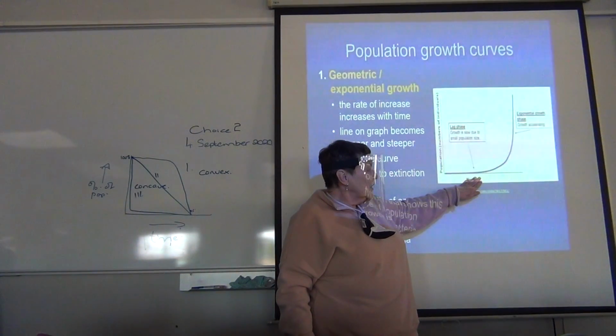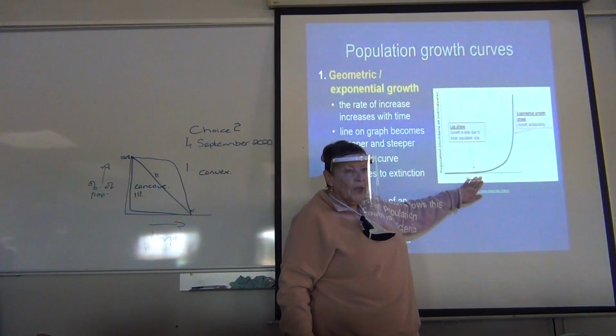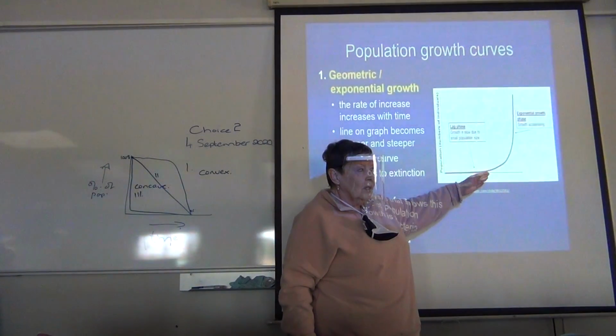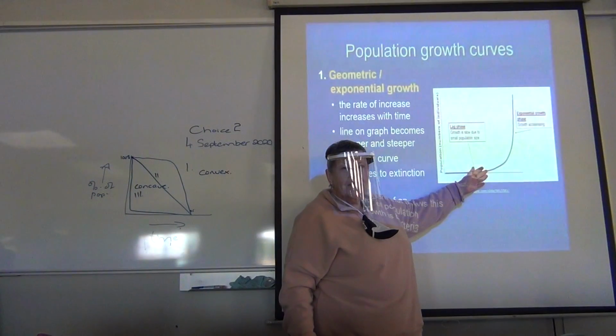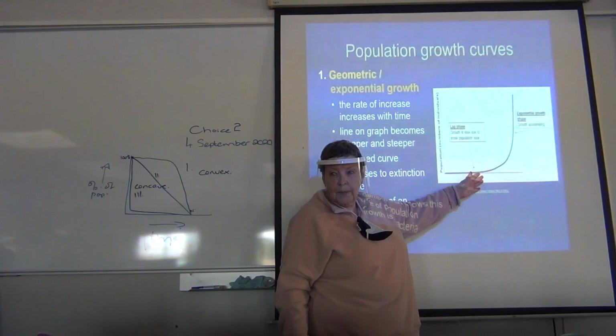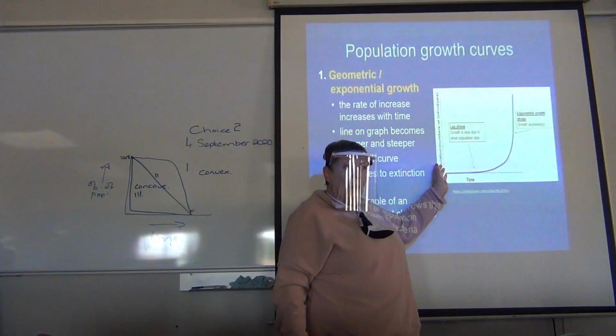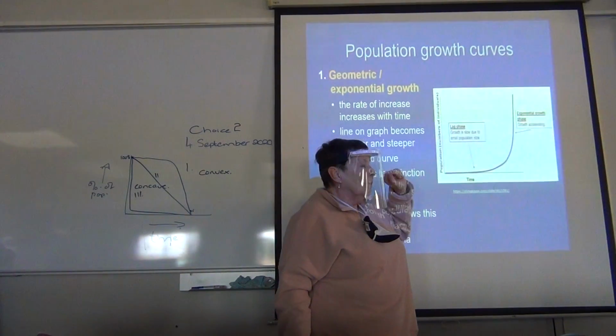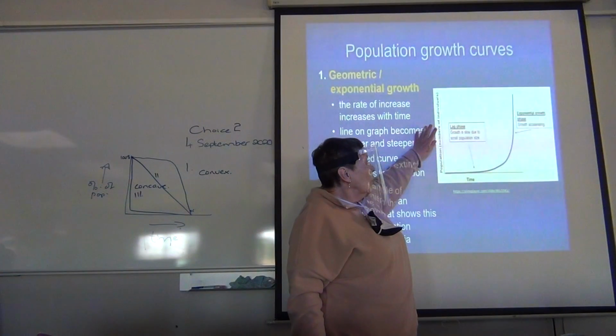Now the units depend on the organism you're looking at. So if it was humans, then time would be probably decades or centuries, because you're looking at human population growth over centuries.